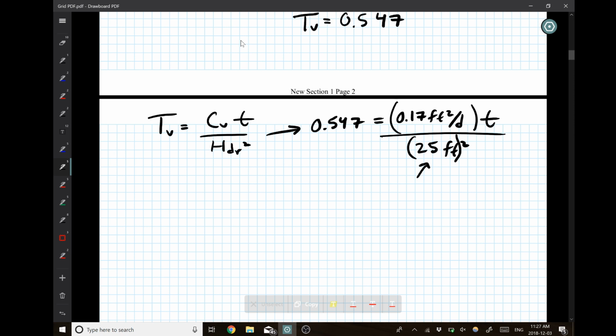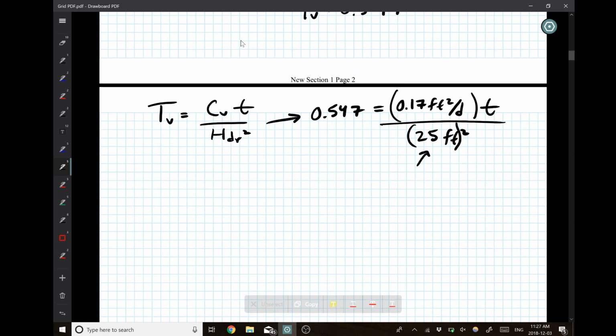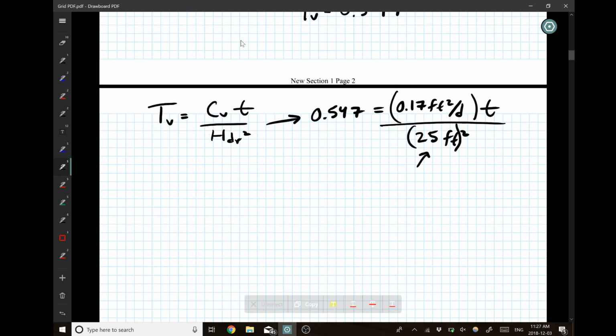When you are consolidating, you are squeezing the void spaces out of the soil, but that air or water needs to go somewhere. If it's impermeable, the water can only get out this way. So the total drainage distance would be the entire height of this.